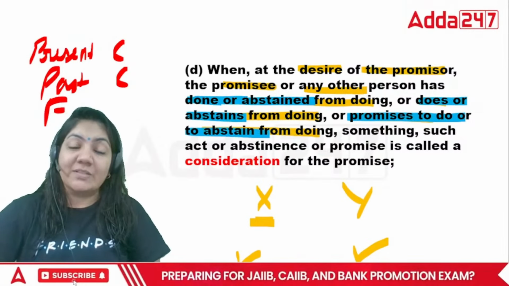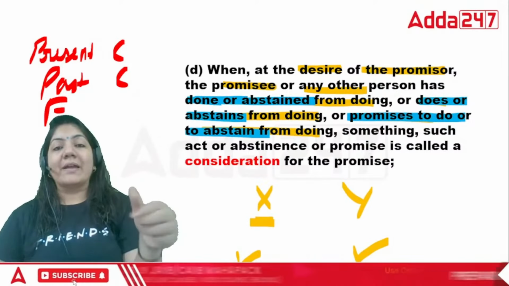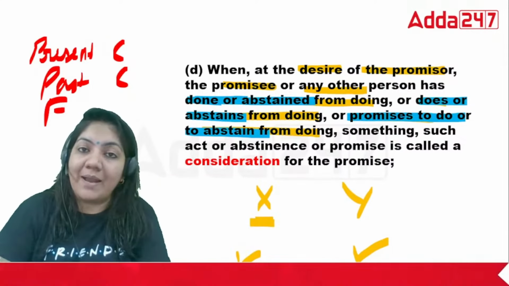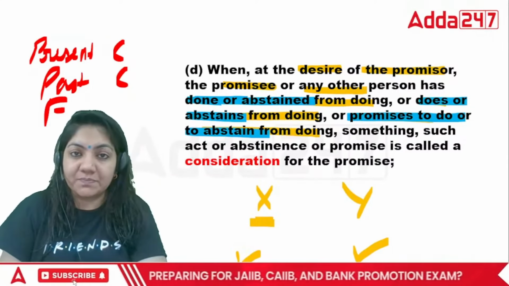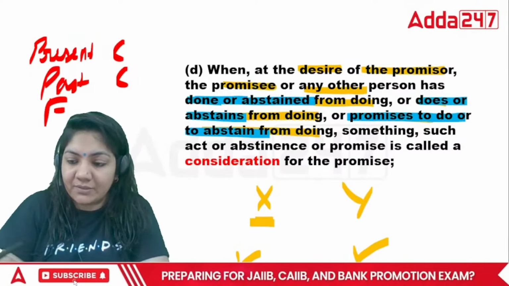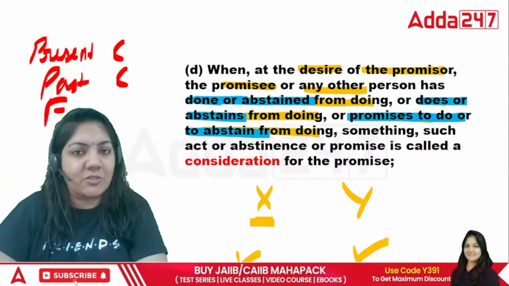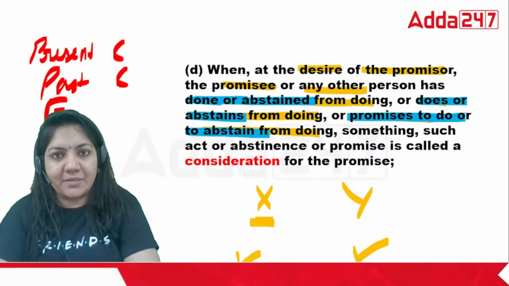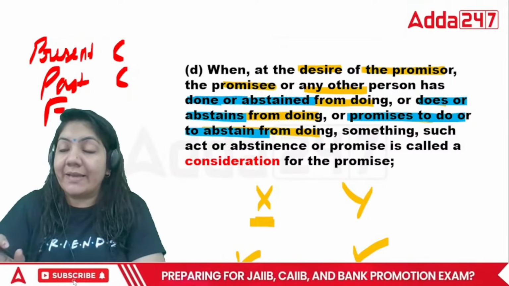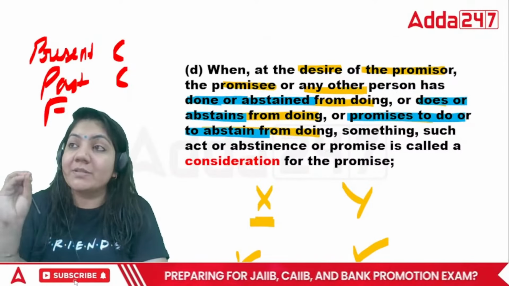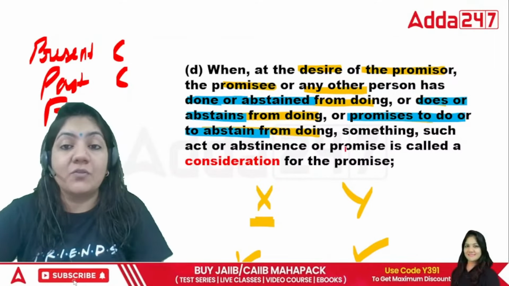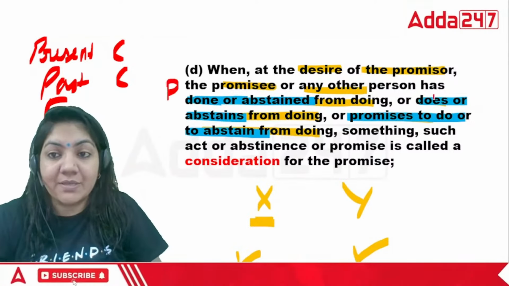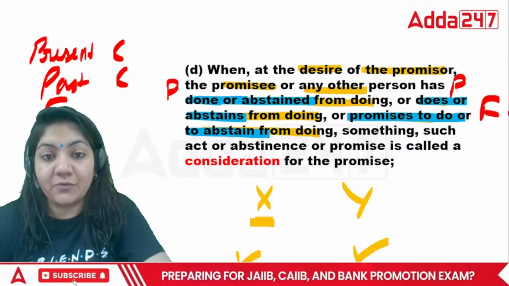So just like contract, consideration can be present, future, and past. We can give the consideration immediately, that is present. After 10 days, it will be called past. And if we are promising that I will give you this 1 lakh rupees in the future, that is called future.